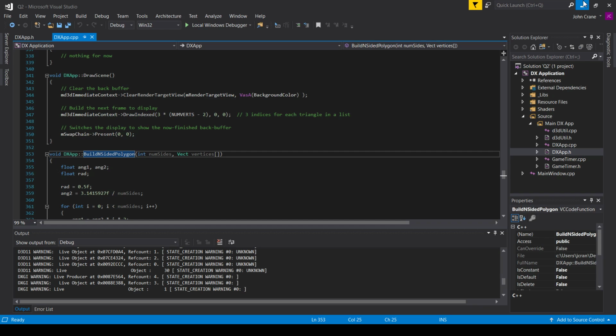For the third question, the format in plain language is that the R16 uint format is a single component 16-bit unsigned integer that supports 16 bits for the red channel.